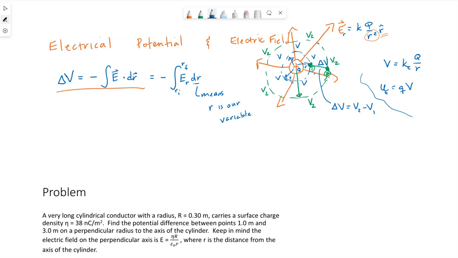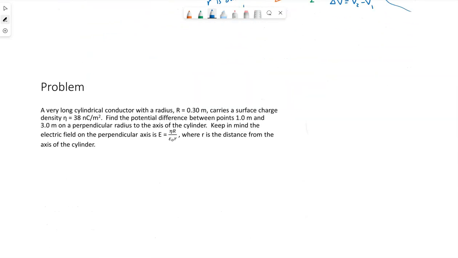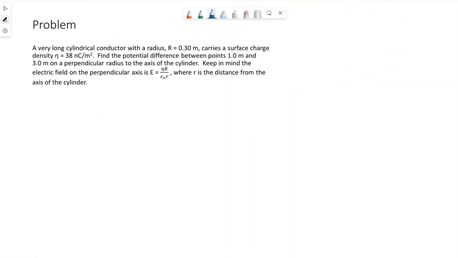So I want to look at a problem that goes along these lines. I'm just going to rewrite the delta V that I just wrote above. Again, I'm not writing it as a dot product anymore because I'm already accounting for dr being along the radius.